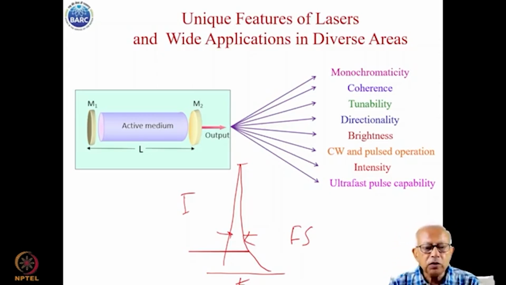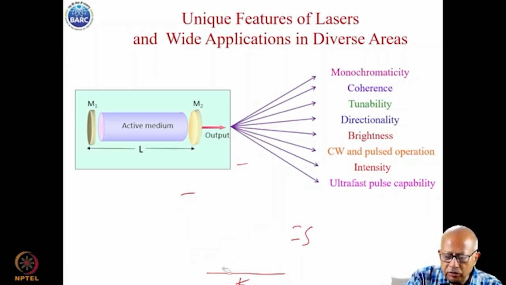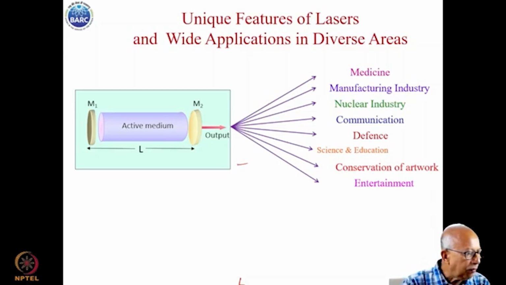Now, these unique features of laser have resulted in widely varying applications in diverse areas such as medicine, manufacturing industry, nuclear industry, communication, defense, science and education, conservation of artwork, entertainment, holography, advancement of science, almost anything that you can think of.